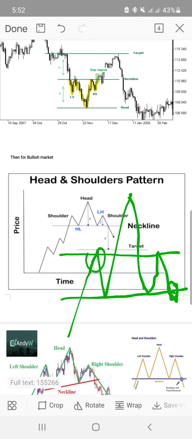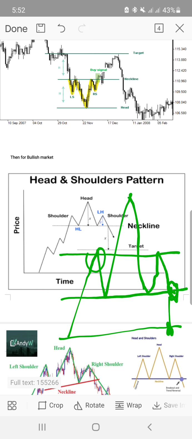That's where you sell, because remember, like in the other case when we were buying, the point where it breaks the neckline is our entry point, right? So now as it has broken the neckline, you place your sell order, right? Then remember, in the example for the bearish market, I said the point where it started moving, or the first point where it reversed, is where you place your target or take profit.